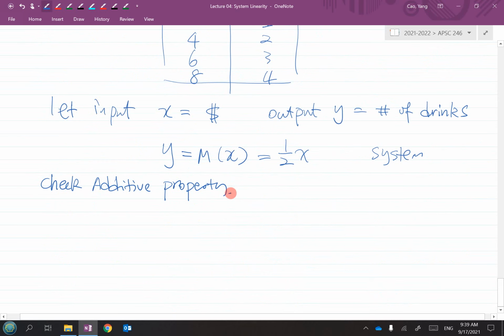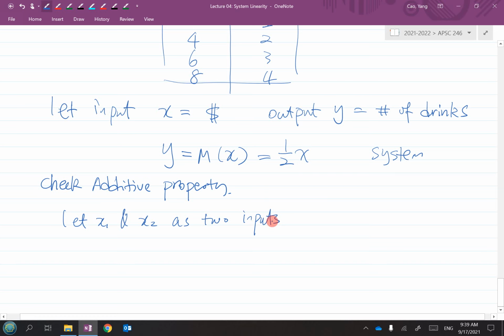Back to the description of the additive property. What do I need to show? Before we move ahead, I'm going to let x1 and x2 be two inputs, not t anymore. So basically two different dollar inputs.